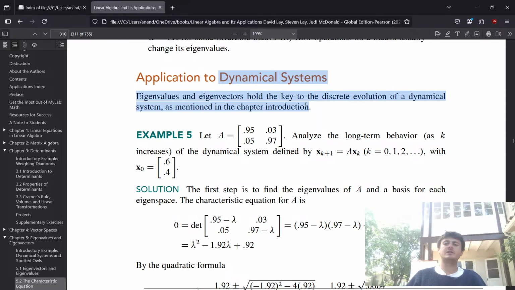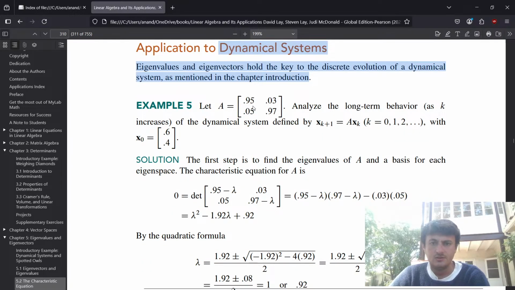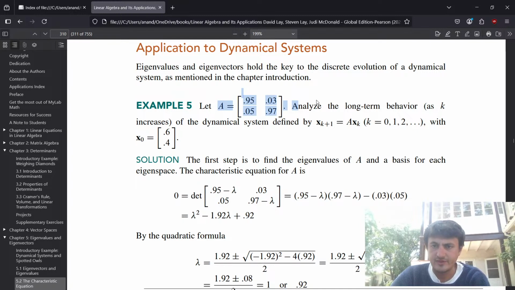Eigenvalues and eigenvectors hold the key to the discrete evolution of a dynamical system. Okay, let A be this matrix, which looks like a population type thing, because at the very least, it's like a Markov matrix, right? Is that what they call it?